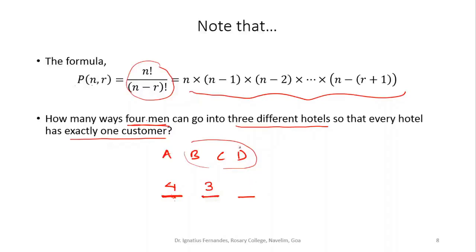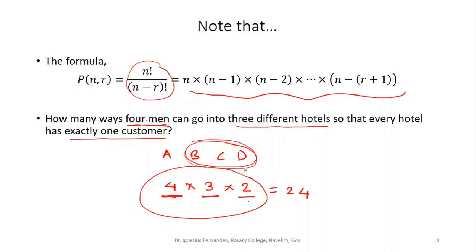The second hotel will have any of these 3 options, one of which will go here. In that case, the third hotel will have only 2 men available, only 2 options. So altogether this can happen in 4 into 3 into 2, 24 ways. What we are doing is solving not straight away in terms of the permutation formula, but in terms of the principle of counting, the rule of product.